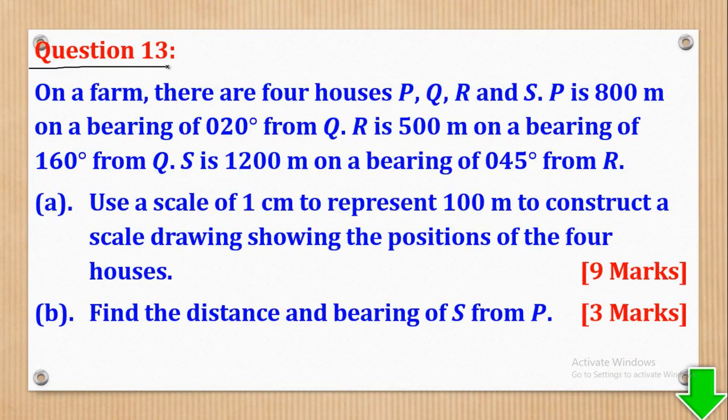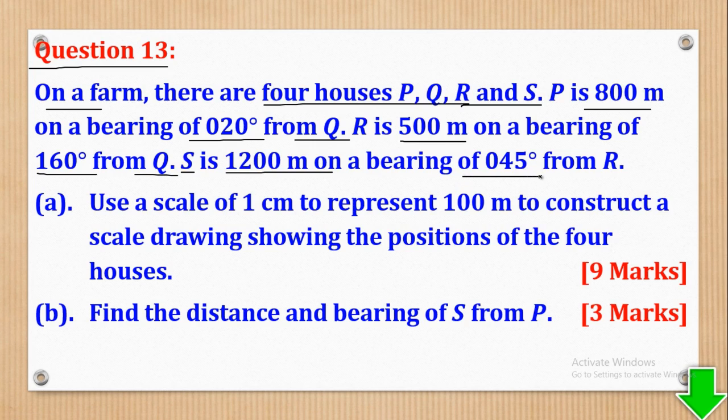So now we shall go to question 13. Question 13 says that on a farm there are 4 houses, P, Q, R, and S. P is 800 meters on a bearing of 020 degrees from Q. R is 500 meters on a bearing of 160 degrees from Q. S is 1200 meters on a bearing of 045 degrees from R. Part A. Use a scale of 1 centimeter to represent 100 meters to construct a scale drawing showing the positions of the 4 houses.